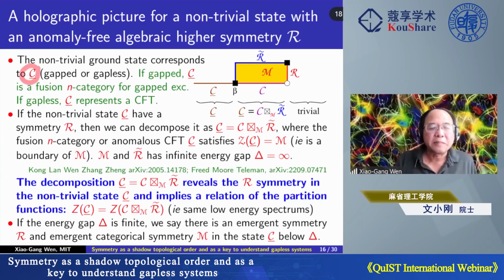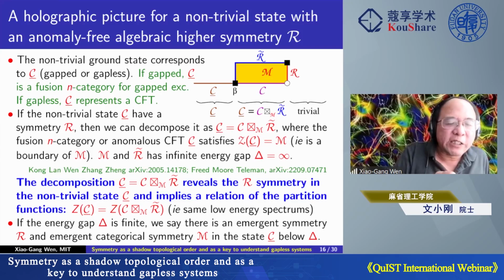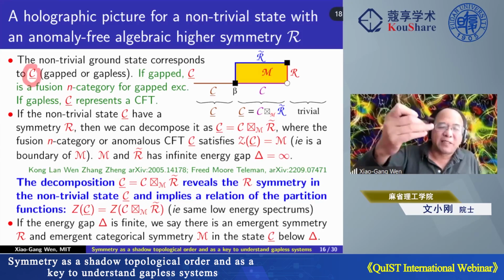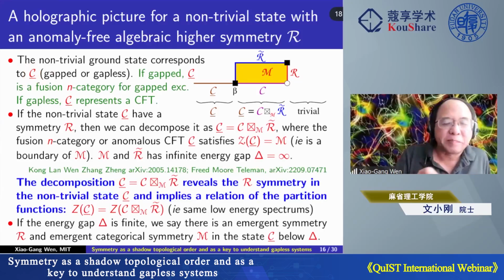Okay. And then we want to ask whether this system, the ground state plus extension above it, can have a symmetry or not. That's what we mean by a system.